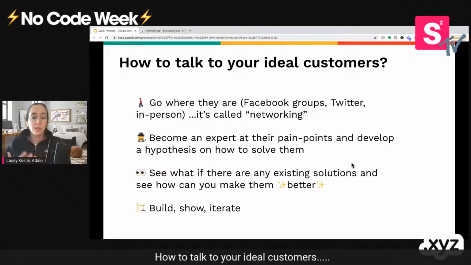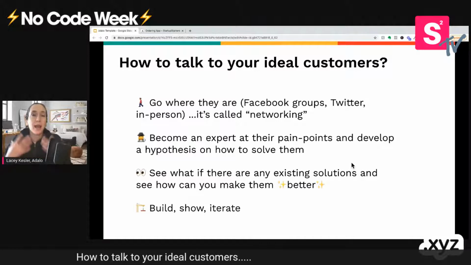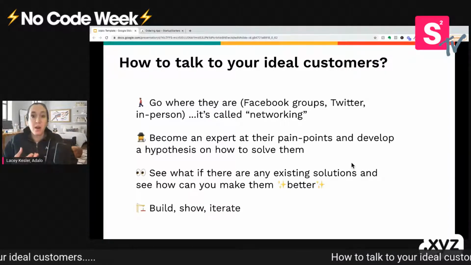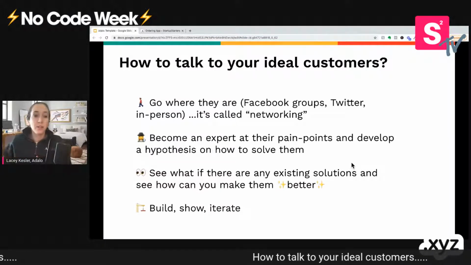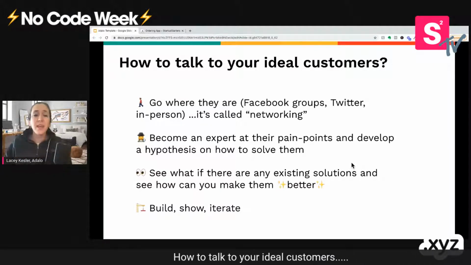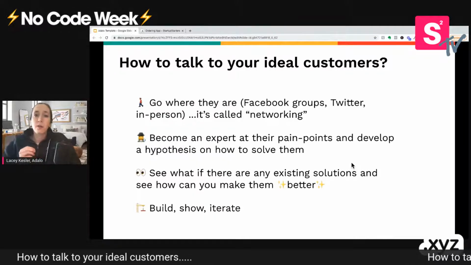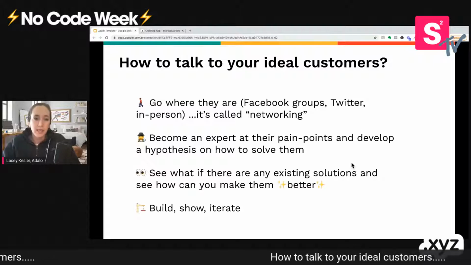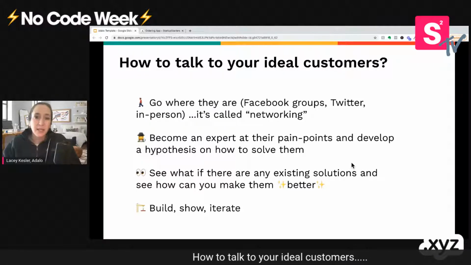And then that's going to develop a hypothesis of, okay, I've talked to these people, now I know how to go and solve their problem. Another thing I very strongly suggest is look for existing solutions that are already in place, software that already exists, where you think, you know what, I can make this better.